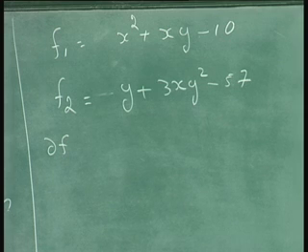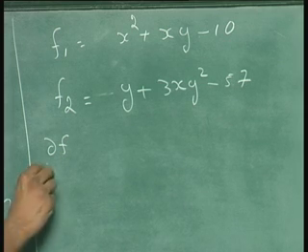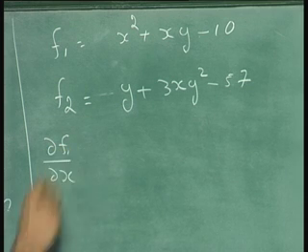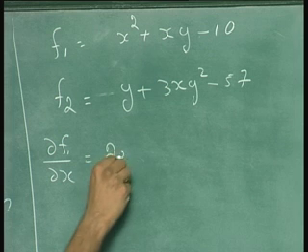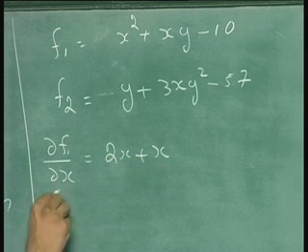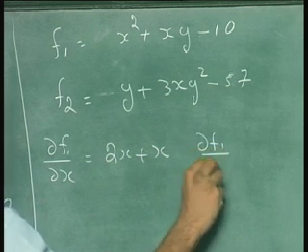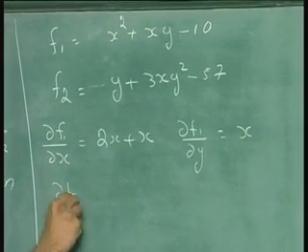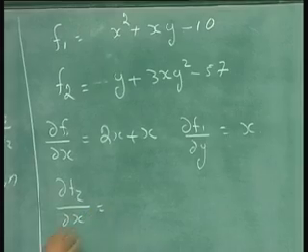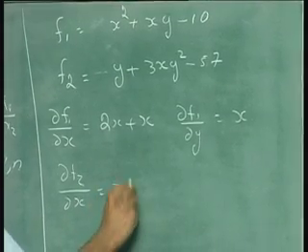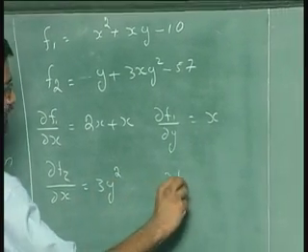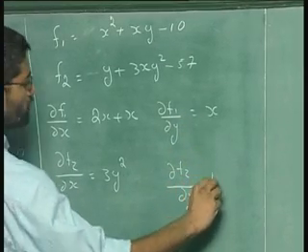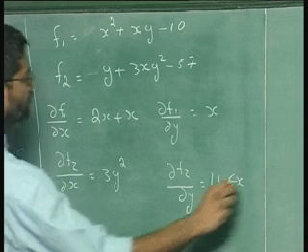So we find del f1 by del x, which is basically 2x plus y, and then del f1 by del y, which is x. Then del f2 by del x, which is 3y squared, and del f2 by del y, which is 1 plus 6xy.